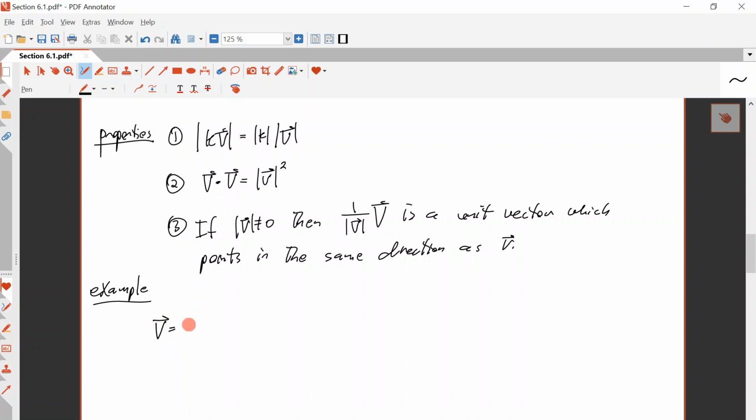So, for example, if v is equal to (3, -1, 1), then the length of v is the square root of 9 plus 1 plus 1, which is the square root of 11.